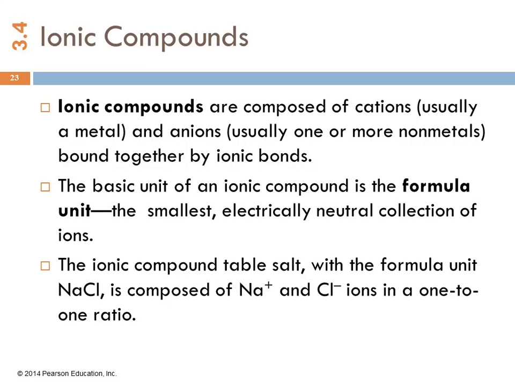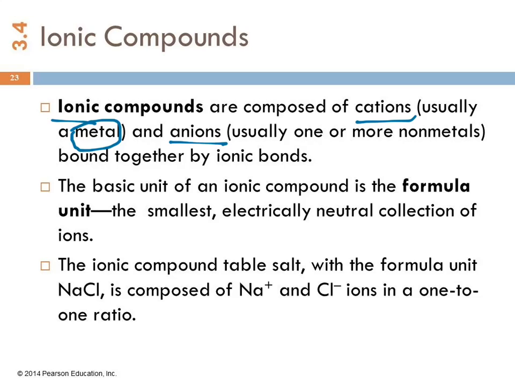Ionic compounds have ions. So ionic compounds contain ions. And they've got anions and cations. You need a positive and a negative to attract to each other. Usually, the cation is a metal. There are some exceptions.